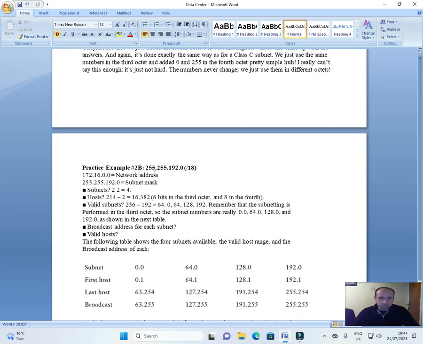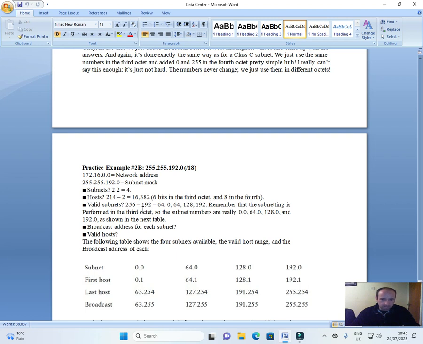Practice example 2B: 255.255.192.0/18. 172.16.0.0 equals network address. 255.255.192.0 subnet mask. Subnets: 2^2 equals 4. Hosts: 2^14 minus 2 equals 16,382, 6 bits in the third octet and 8 in the fourth.